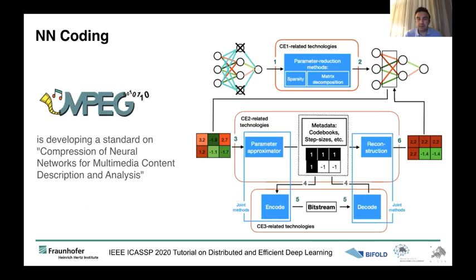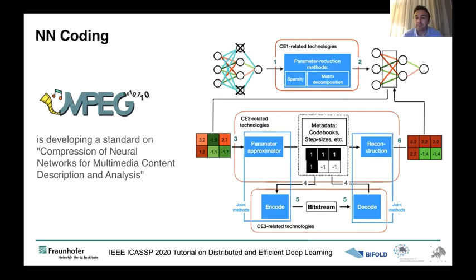And my last slide in this part. I just want to tell you that what we have talked about here is that MPEG is also looking at these different techniques in our MPEG standardization process.